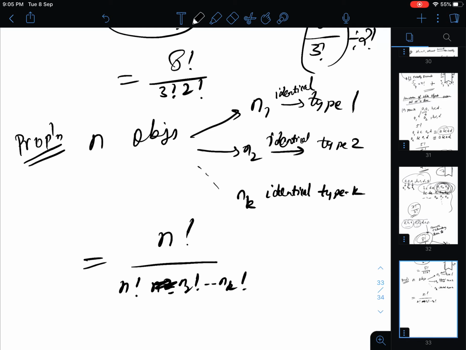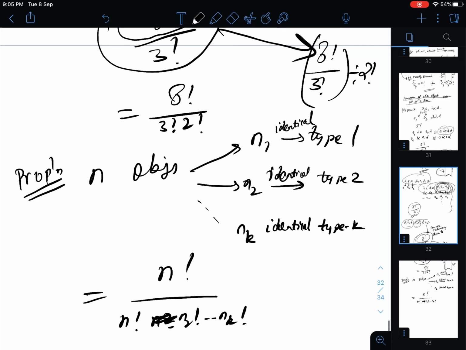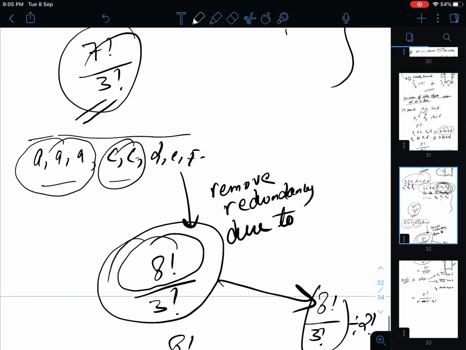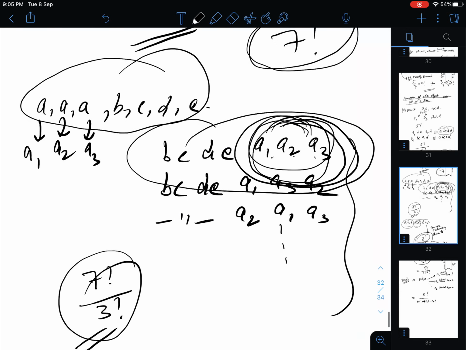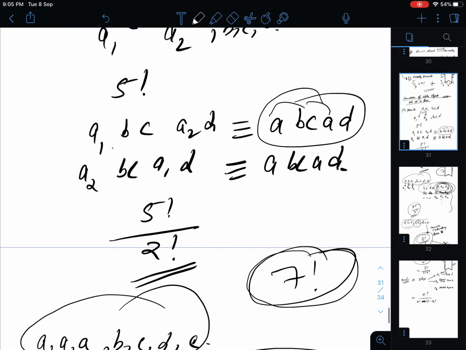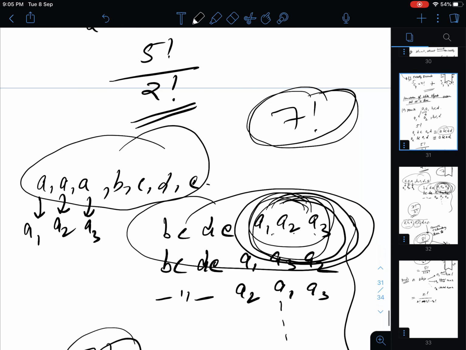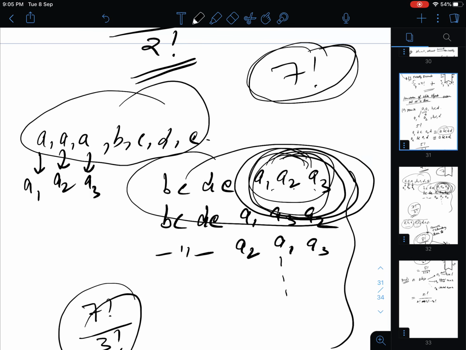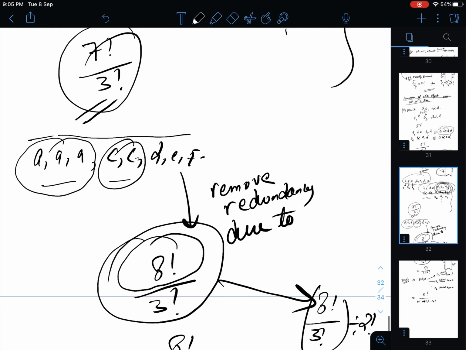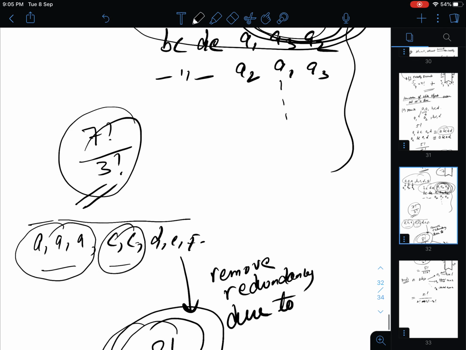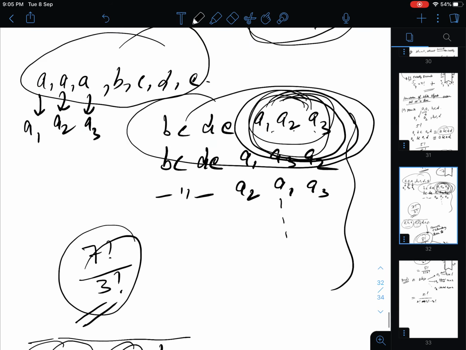Alright, so this is a very simple concept. I hope it is clear. To summarize, whenever we have alike objects in a given set of objects, we have to account for the excess permutations which are generated by the identical objects.